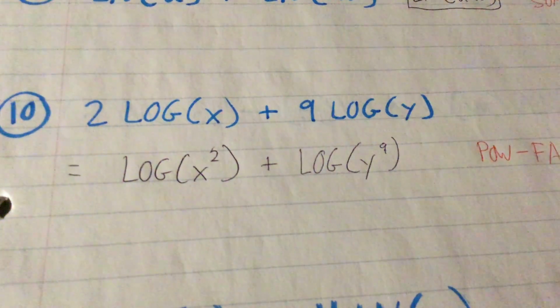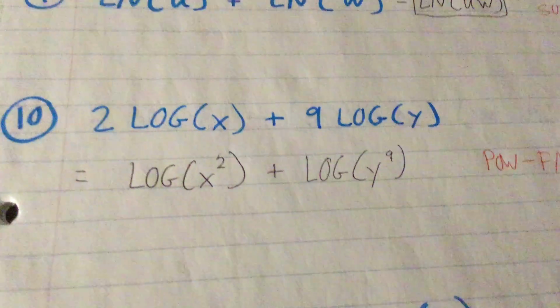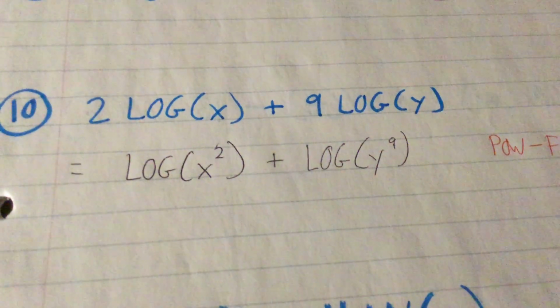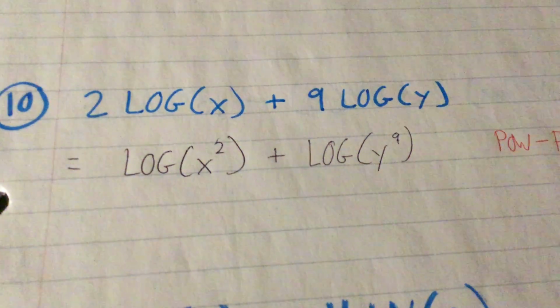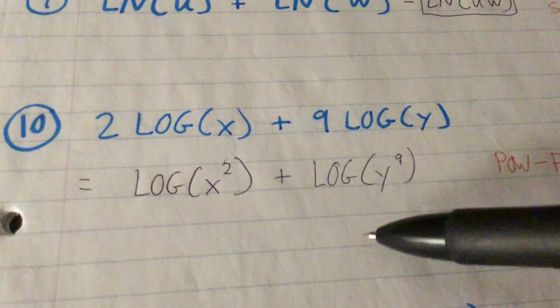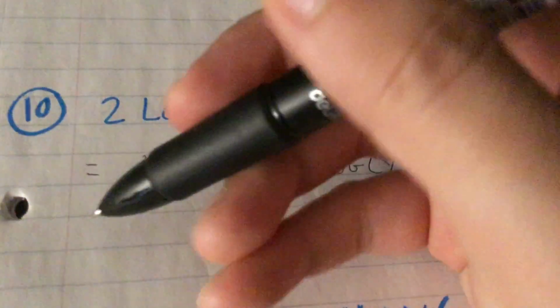Is this one neat little logarithm yet? Not quite. So what do you think I need to do to condense this into one neat little logarithm? Well, it's an addition problem. So addition expanded becomes multiplication inside of the logarithm.